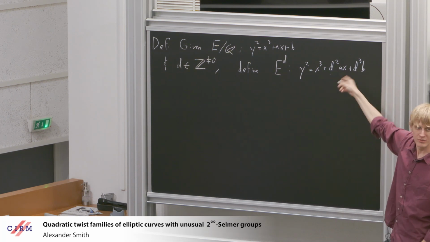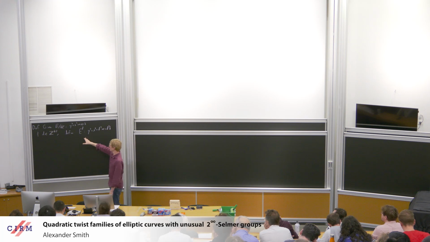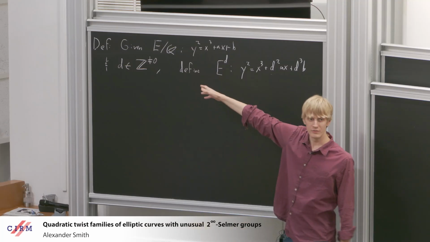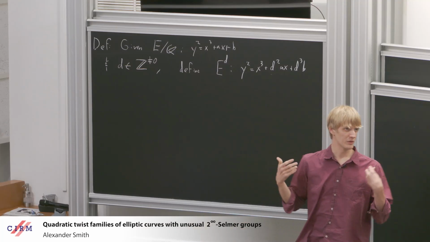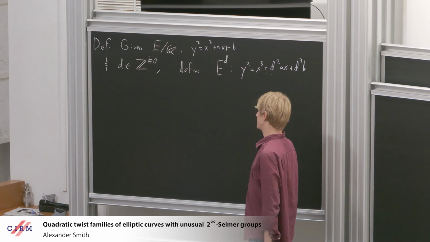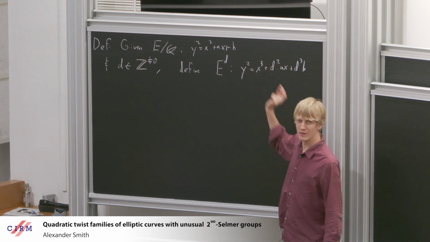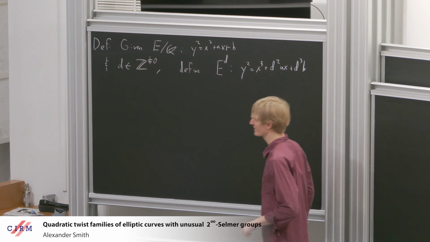Scaling the a by d squared and the b by d cubed. And so this gives you a curve that geometrically is isomorphic to your original curve, but where that isomorphism doesn't usually descend to an isomorphism over Q. And so in particular, these have very different number theory sort of attached to them.